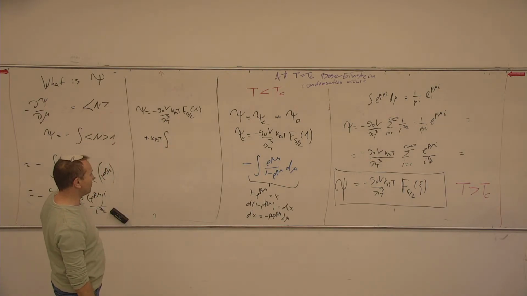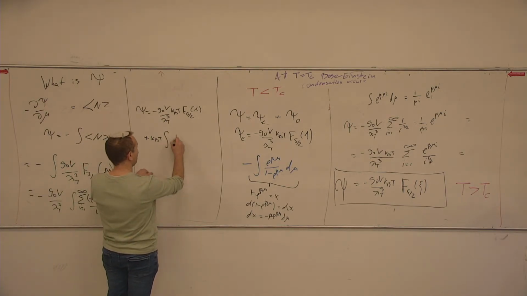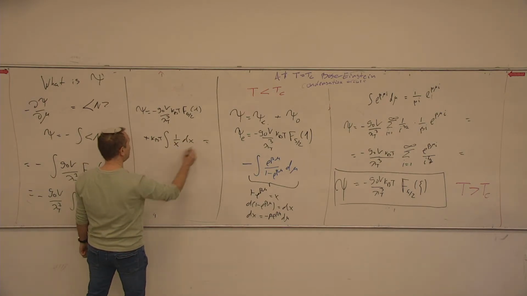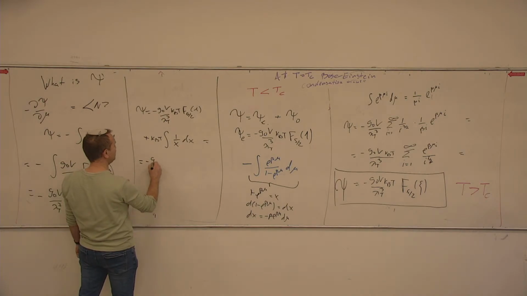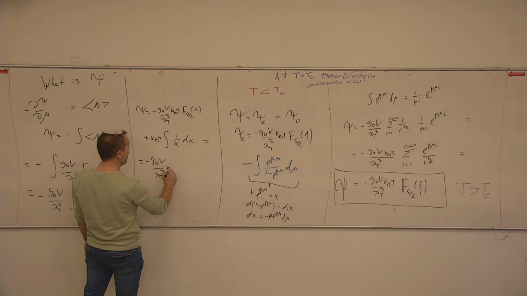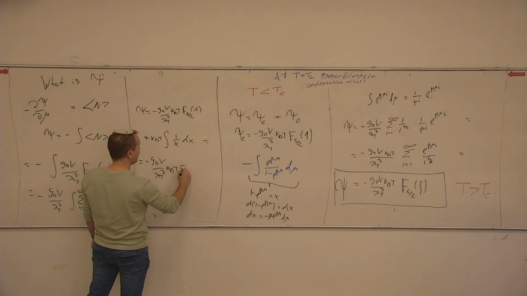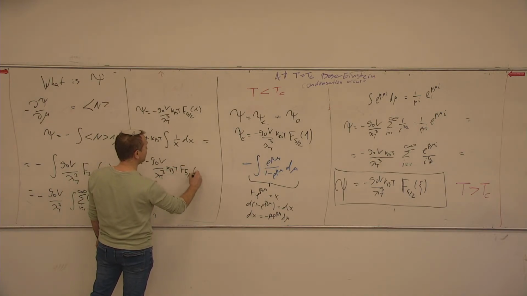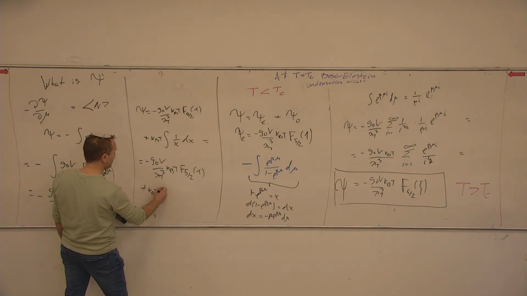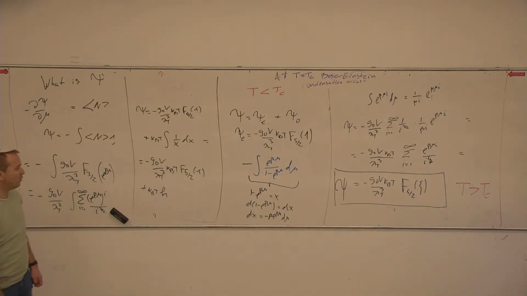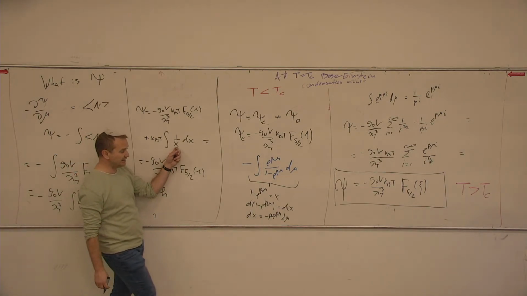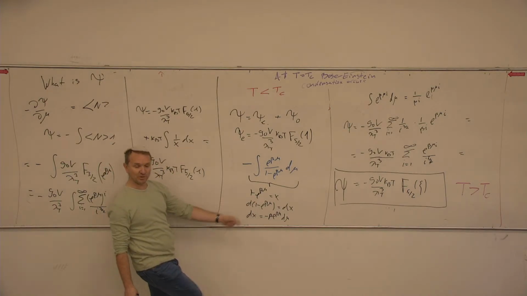An integral of what? 1 over x dx, which is minus g0v lambda t to the third k Boltzmann t f 5/2 of 1 plus k Boltzmann t of log of what? Log of x. And x is 1 minus e to the power beta mu.